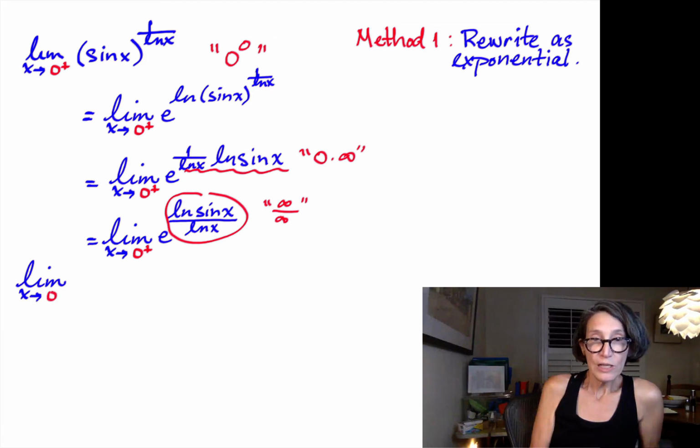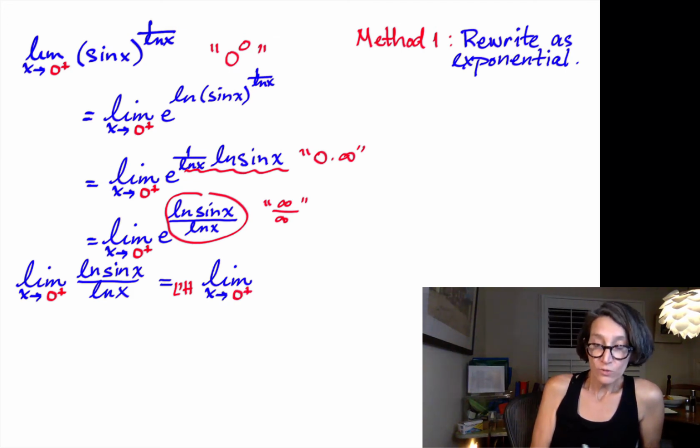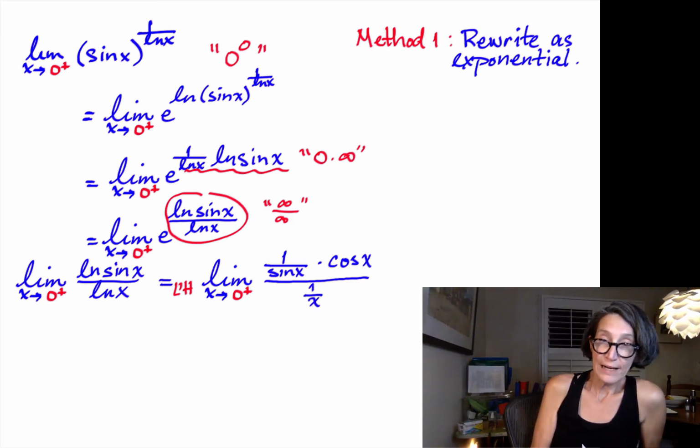So the limit as x approaches 0 from the right of just the exponent, natural log of sine of x over natural log of x, by L'Hospital's rule, is equal to the limit as x approaches 0 from the right of the derivative of natural log of sine of x, which is 1 over sine of x times cosine of x, over the derivative of the natural log of x, which is just 1 over x.